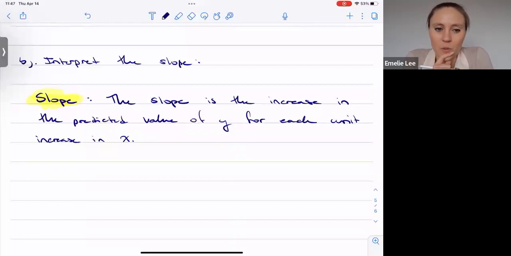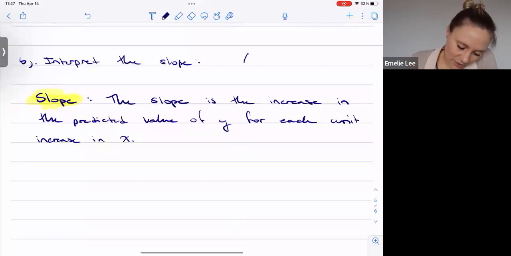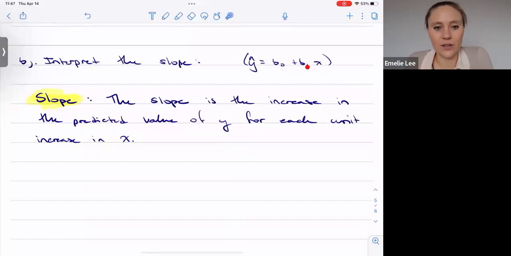If you look at your equation, in general, y hat is b0 plus b1x. If you stare at this long enough, this definition will come out at you. The intercept is just steady, that doesn't change.